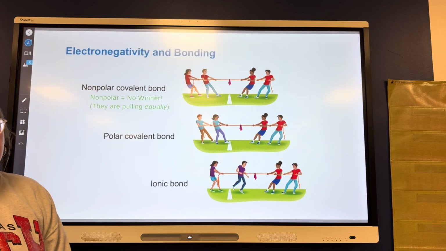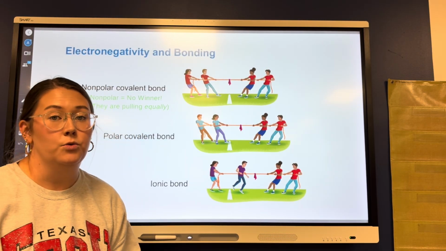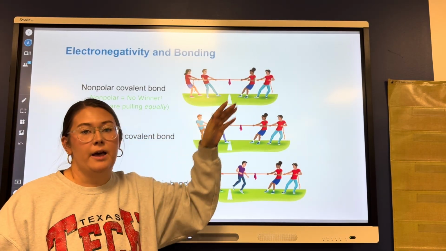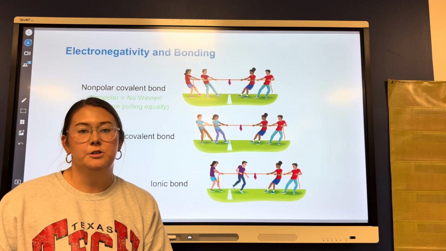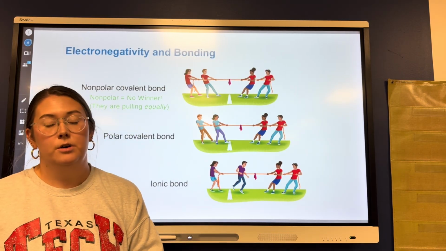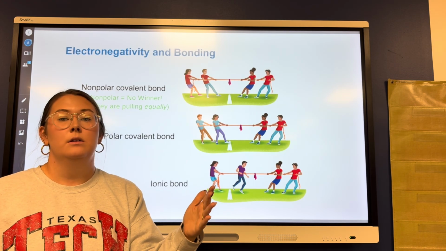Okay, a really good analogy for polarity is tug of war. When you have a game of tug of war and the people on either side of the rope are both equally as strong and they're pulling equally, that's what we would consider a nonpolar covalent bond. So when your atoms are pulling the electrons equally, nonpolar.